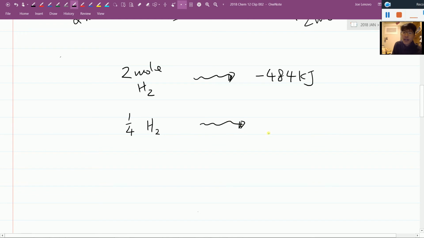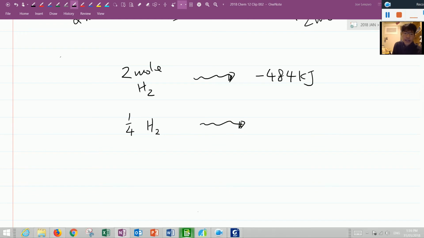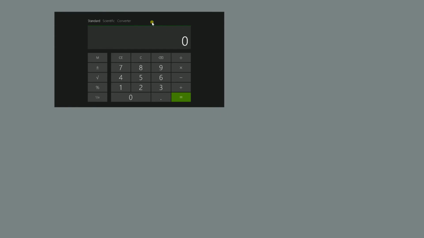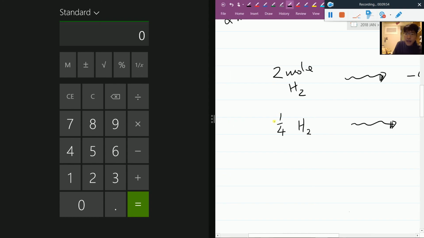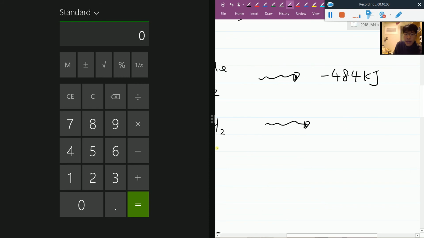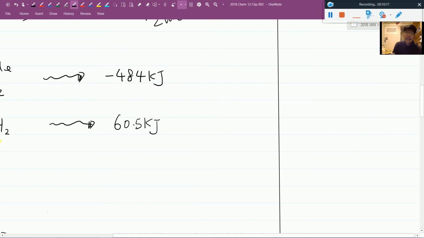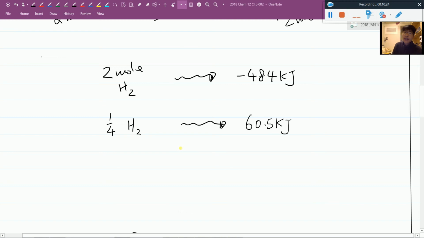So you can tell me straight away if you use the calculator. 484 divided by 8 equals 60.5 kilojoules. 60.5 kilojoules would be released if we react those hydrogen gas together.